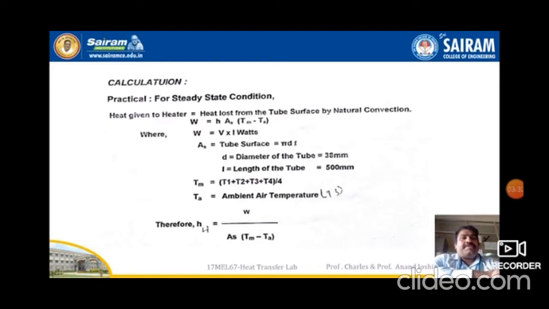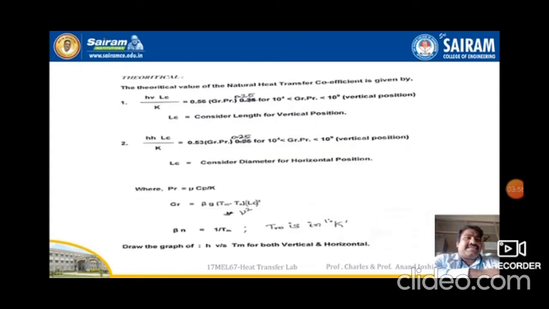Today it may be 30, and in winter season it may be 26, like that. So depending upon the atmosphere temperature we have to consider Ta. Finally we can calculate h for horizontal. If it is the horizontal case, W is equal to h A_s (Tm minus Ta). This is the equation for the practical case.